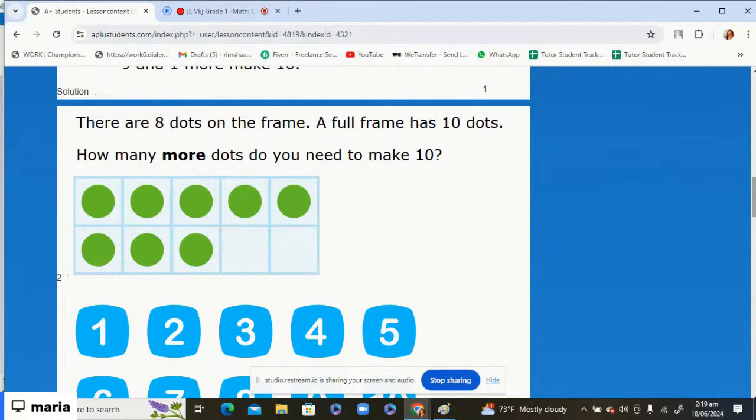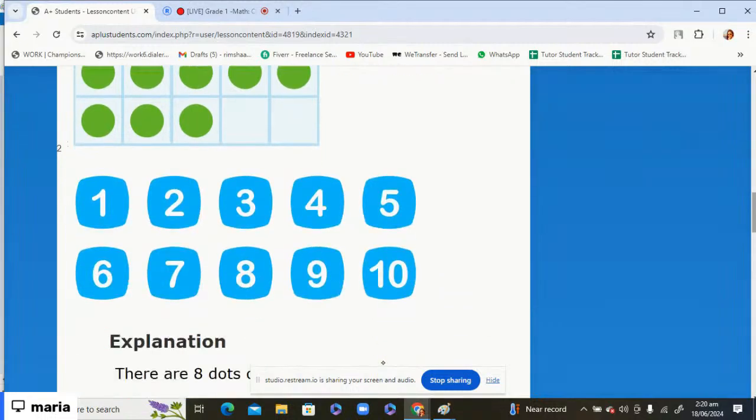Two dots, okay? How many more dots? Two dots. Good. Look at here, the one's place is here and the other place is like here. So there are two places left. So we just make this one done.